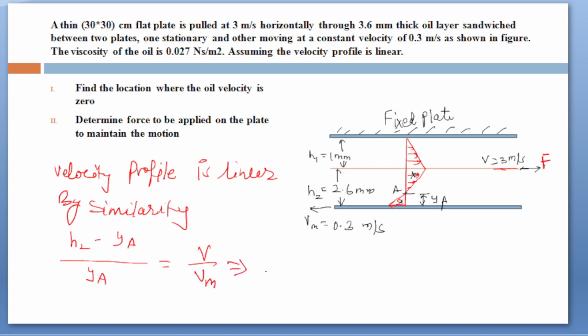If we substitute the values, this is 2.6 minus ya divided by ya, equal to 3 by 0.3. We get ya is equal to 0.236 meter.